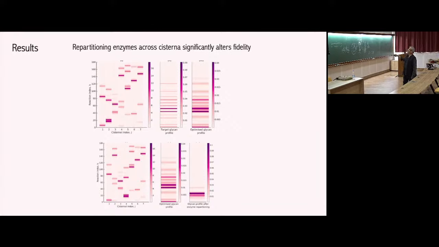This is the complex target distribution that I want to achieve. This tells you the abundances for different glycan index. Upon optimization, as I discussed earlier, this is the glycan profile that I actually synthesize, and you can see it's quite close to this.